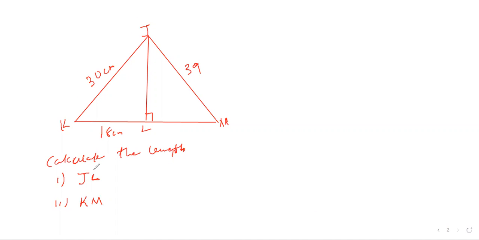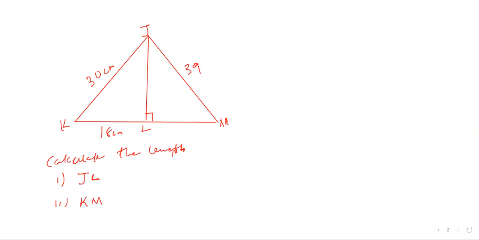So I am going to give you guys some time to figure it out. How will I find JL, and how do I find KM? So the first question they want you to find is JL, right?